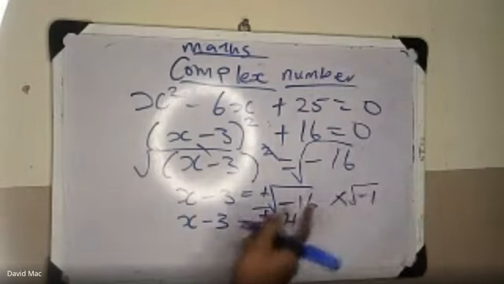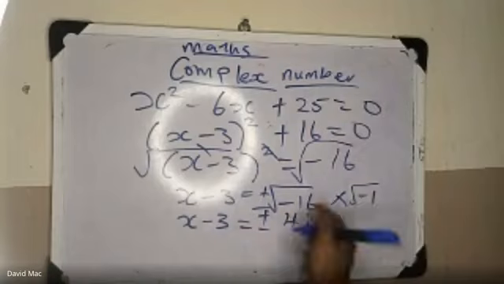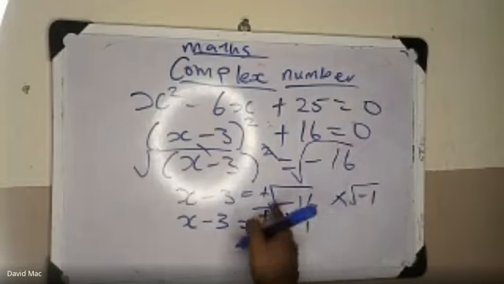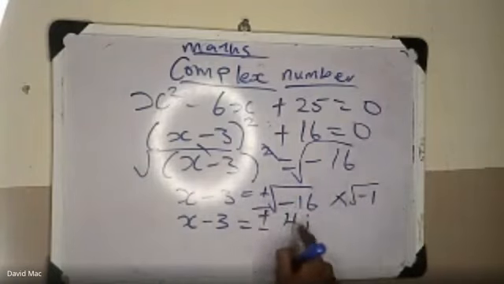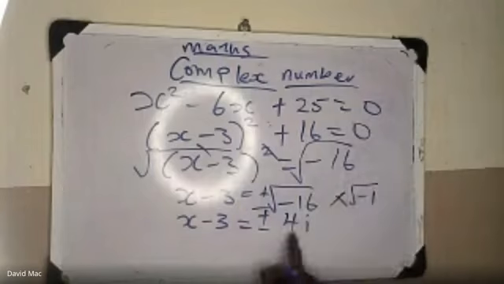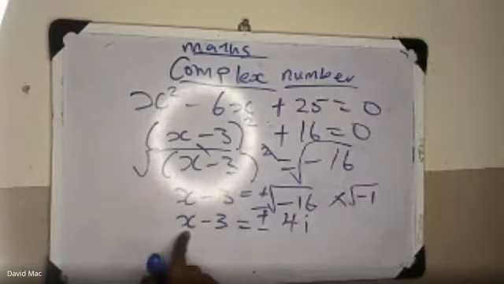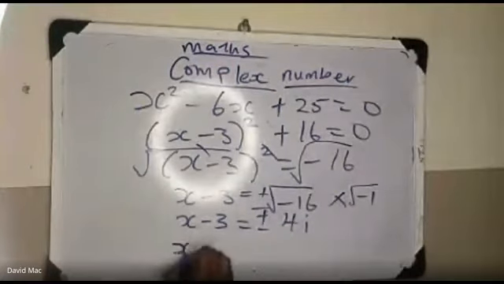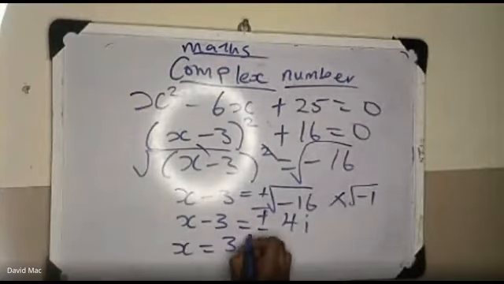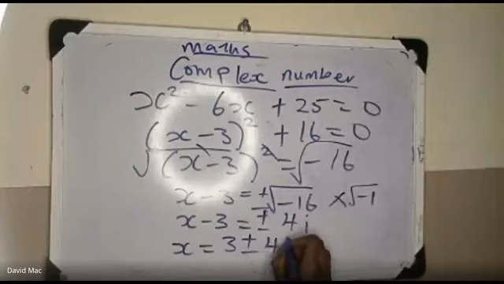And you know square root of minus 1 is what? It is i. So you multiply it by the square root of 16, which is 4. So 4 times i is 4i. When this comes here, because I'm trying to make x the subject of formula, it becomes 3 plus or minus 4i.